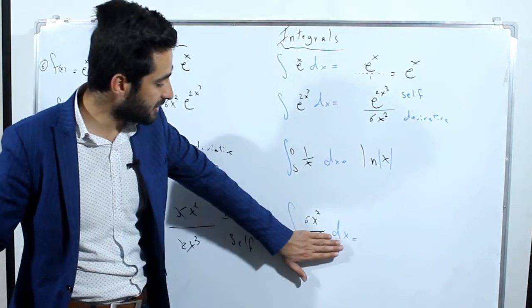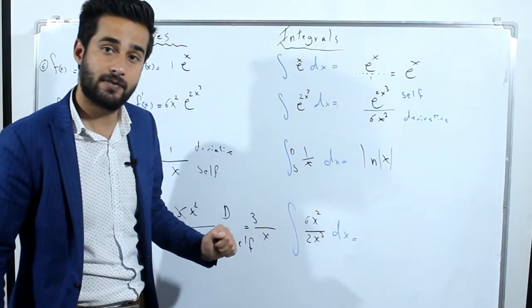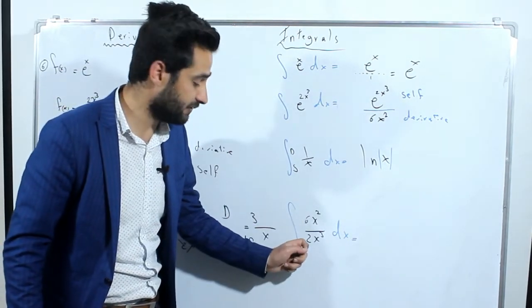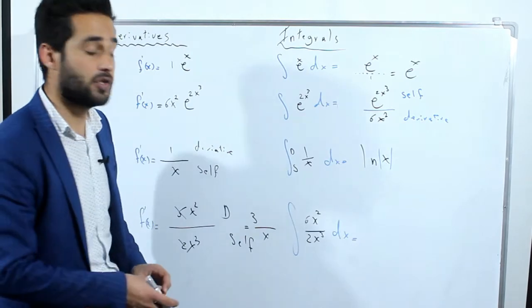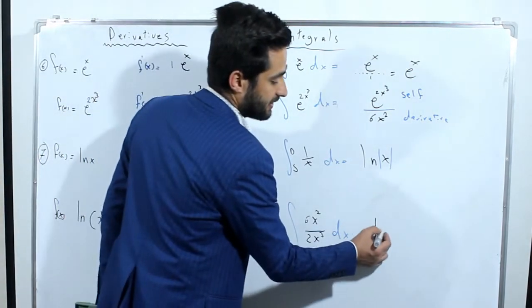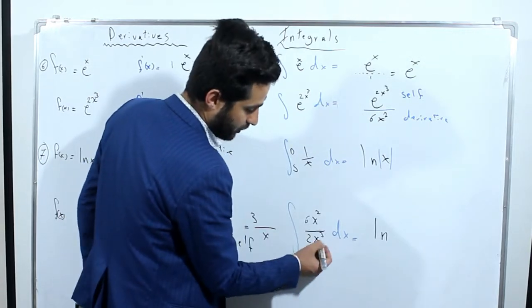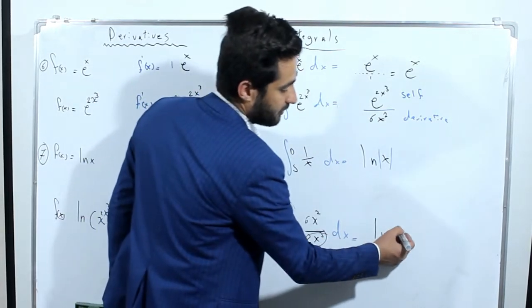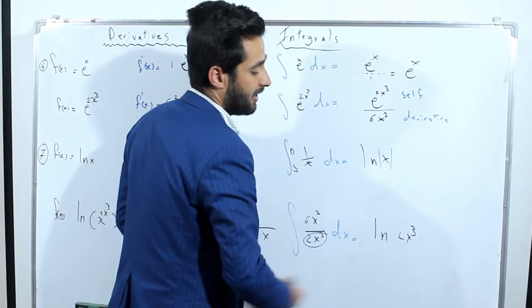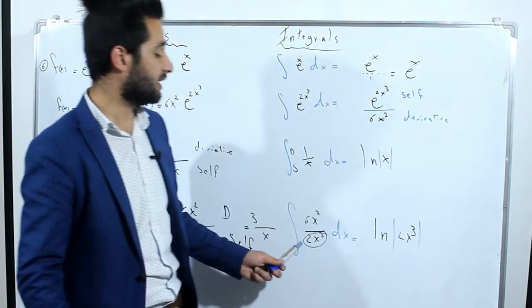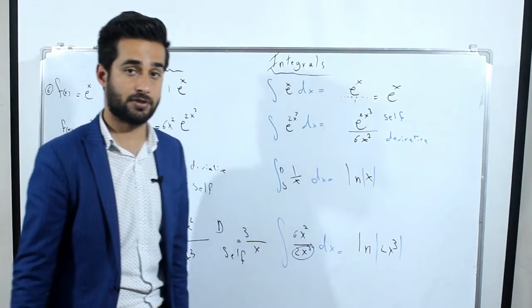And do we have 6x squared at the top? Yes. So the derivative is at the top and itself is in the denominator. So we can say this is equal to ln of what? Ln of the denominator, ln of this, 2x cubed in an absolute value. Be careful with integrals, you have to put in the absolute value.